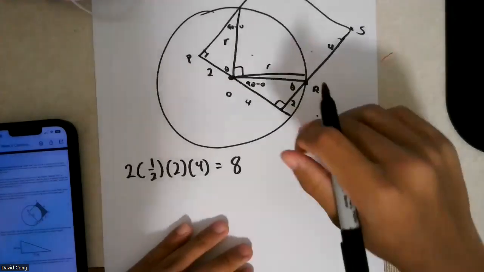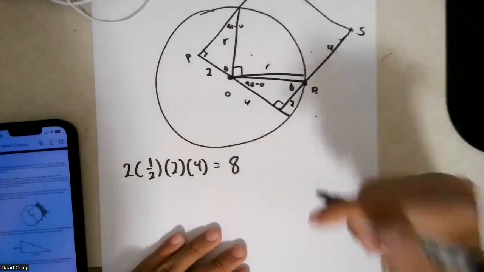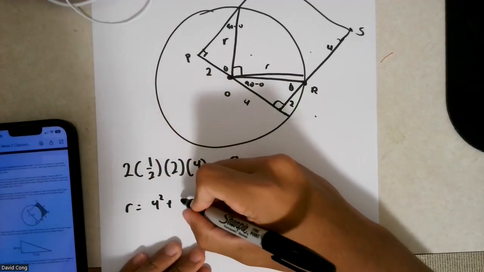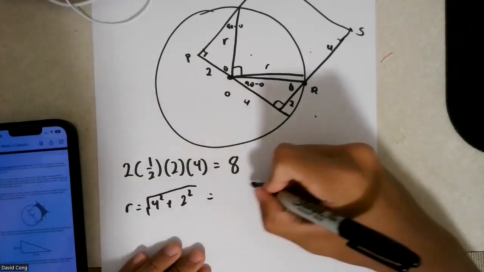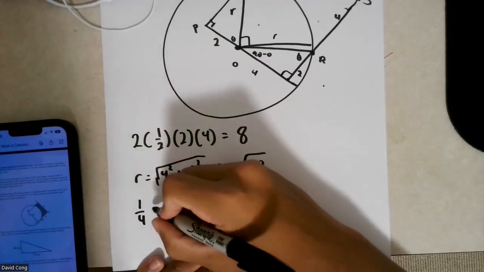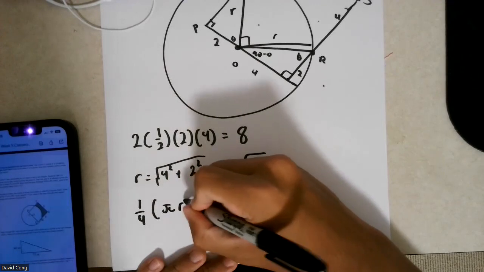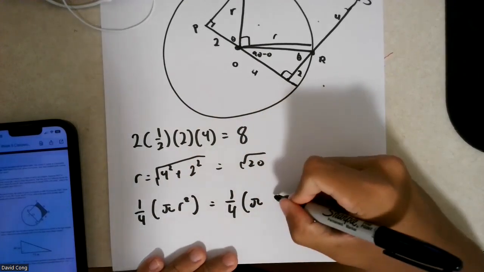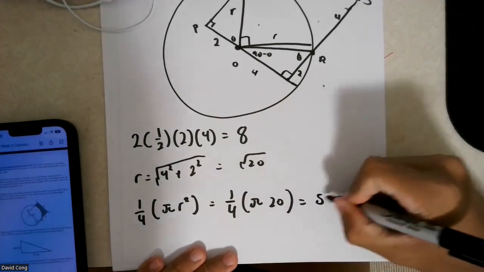What is a radius? Well, this is a right triangle, right? So this would be the hypotenuse. The radius is equal to the square root of 4 squared plus 2 squared, which is equal to square root 20. The area of 1/4 of a circle is equal to 1/4 pi r squared, which is equal to 1/4 pi times 20, which is equal to 5 pi.